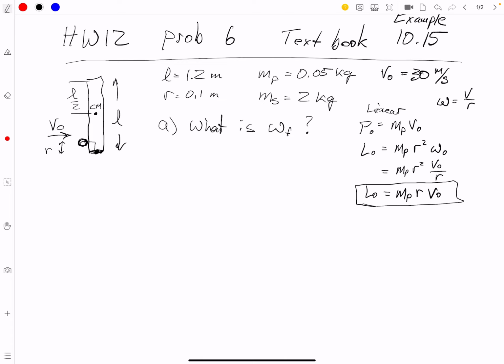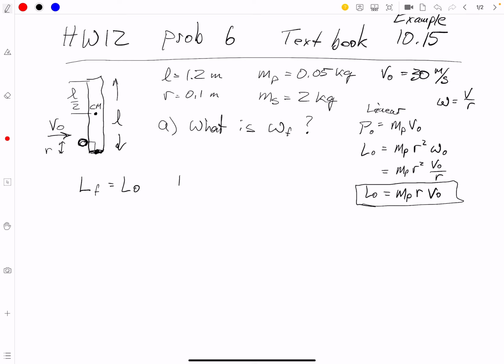All right. So what is omega final? We can start with the fact that there's no additional torques. So delta L equals 0 means L final equals L initial.